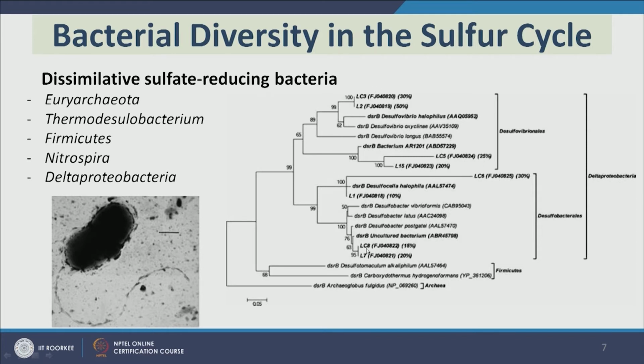Now this tree is shown to drive the point home that dissimilatory sulfate reducing bacteria are immensely diverse. They are found in proteobacteria, in nitrospira, in firmicutes, thermodesulfobacterium, and eukaryota.